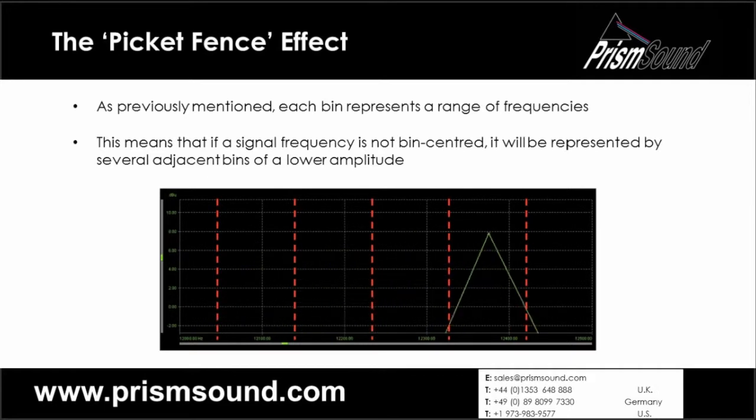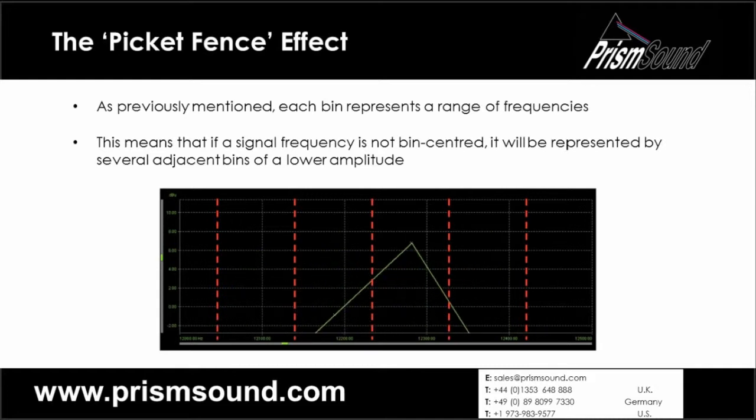I don't know how well you can see this animation, but what it's showing is that when you sweep the frequency, as it passes between the bin boundaries, which here are shown by the red dotted lines, you actually get a situation where your peak looks like it's got the top of it chopped off almost, and if you were to read that, you'd get a lower amplitude. Obviously, I'm zoomed in quite a lot here, so usually when you're zoomed out, you wouldn't be able to notice that the top's been chopped off at all.